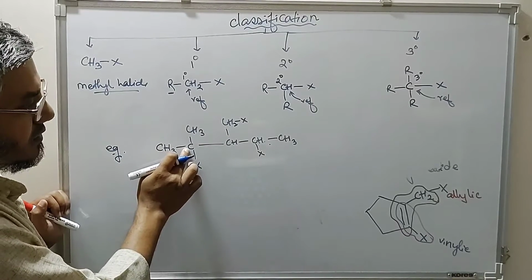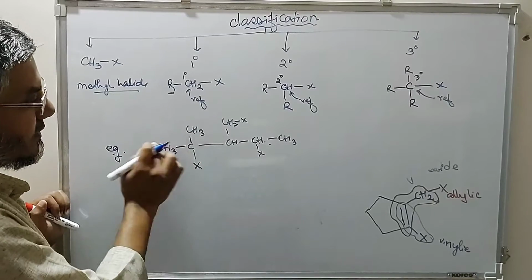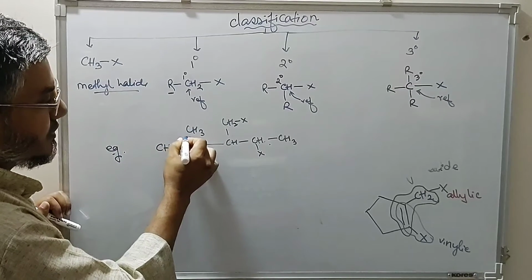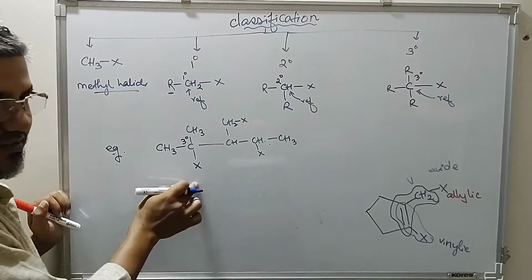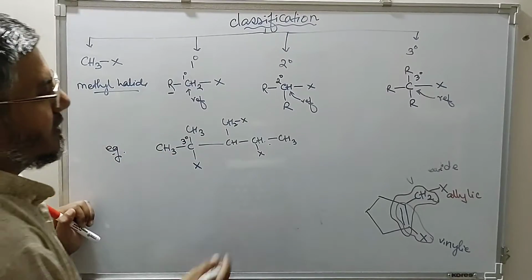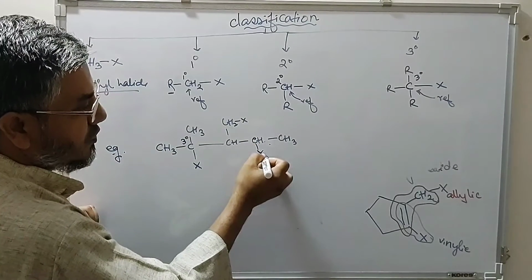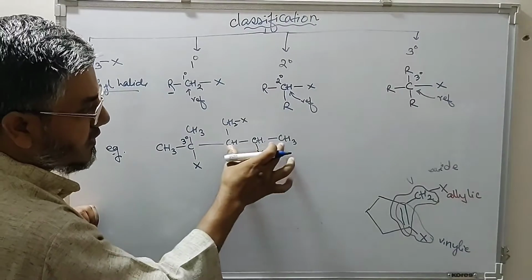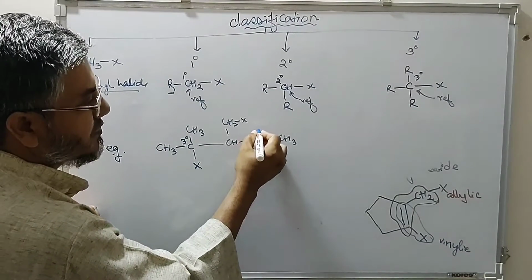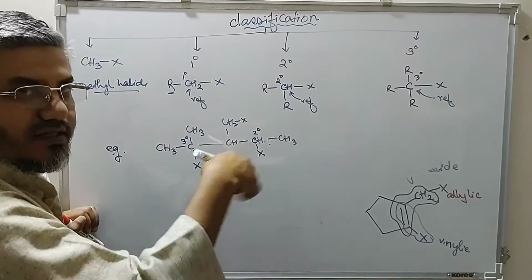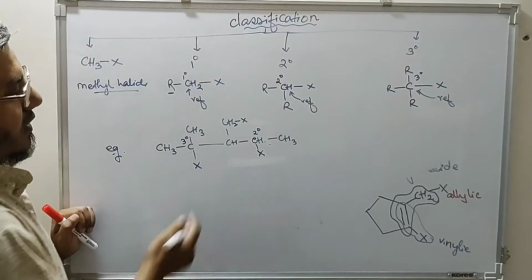So carbon bonded to 3 carbon atoms, this is tertiary carbon. So this halogen is defined as tertiary halide. If you look at this carbon in which halogen is bonded to two other carbon atoms, this carbon becomes secondary and this is classified as secondary halide.